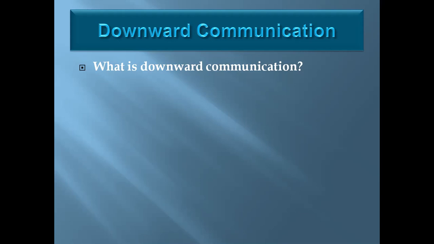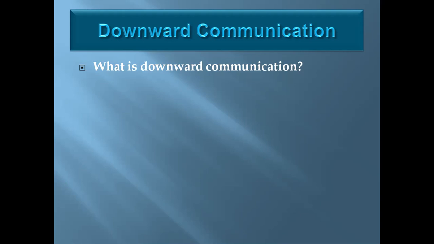If we add more to them, these are telephone conversations, performance appraisals, counseling sessions, interviews, or even a meeting in a hall. All these are examples of downward communication. In all these examples, communication flows from higher level to lower level.